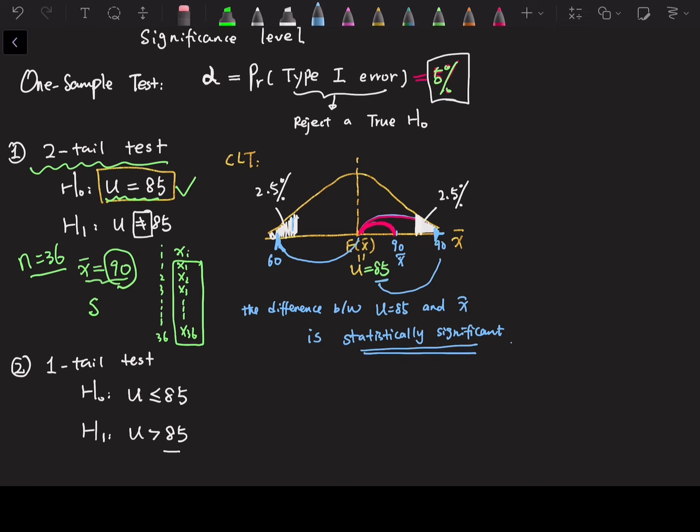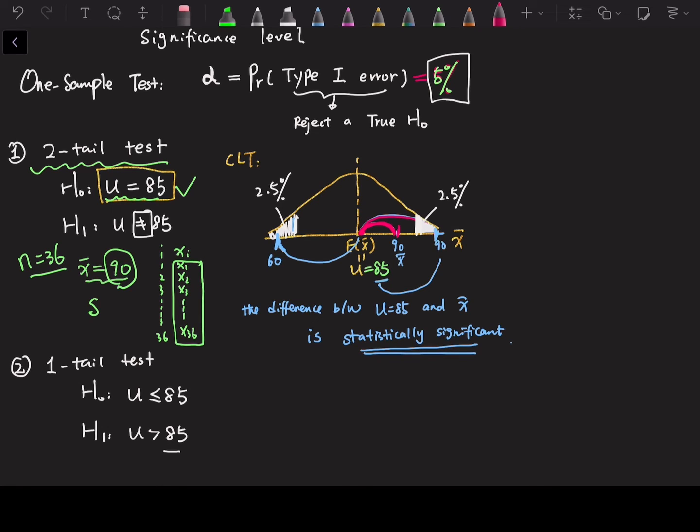But if 90 falls here, outside of this 5% significance area, then the difference between hypothesized population mean and the computed sample mean is not statistically significant, or the difference is just due to chance.